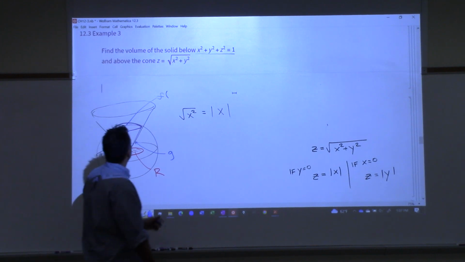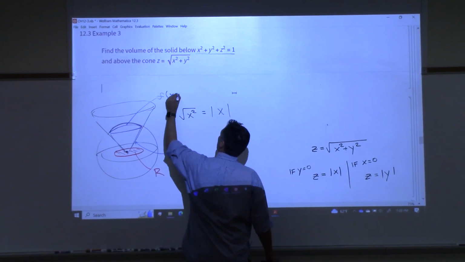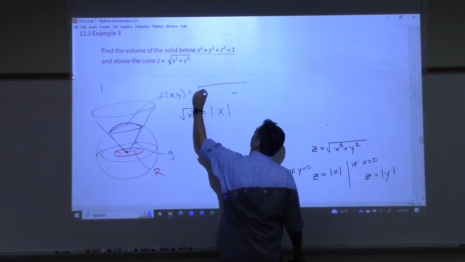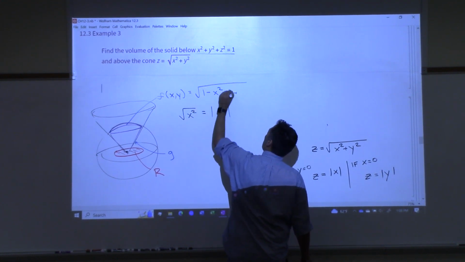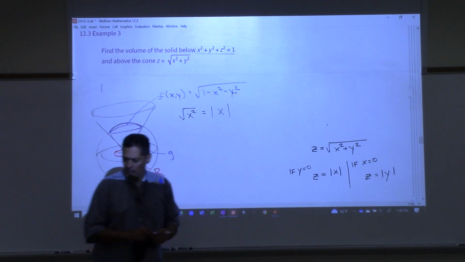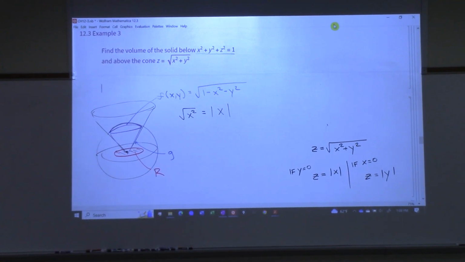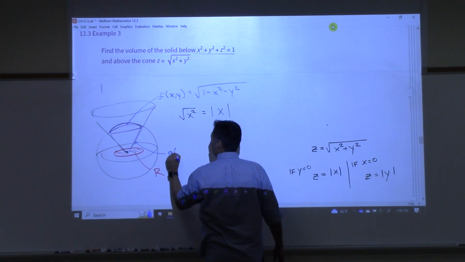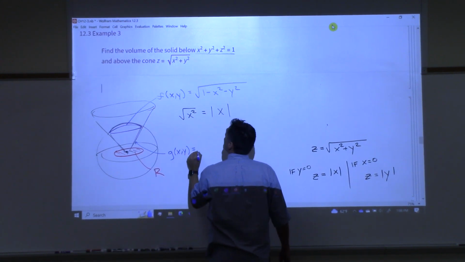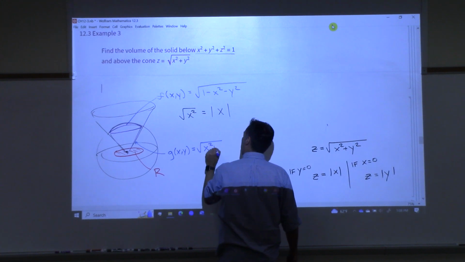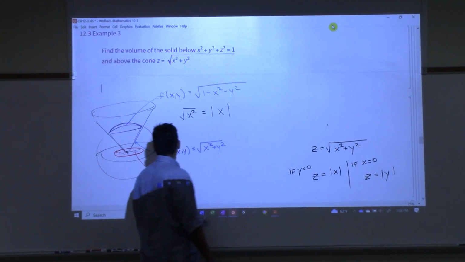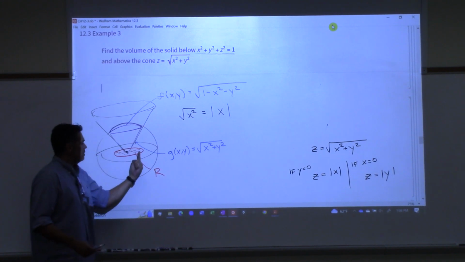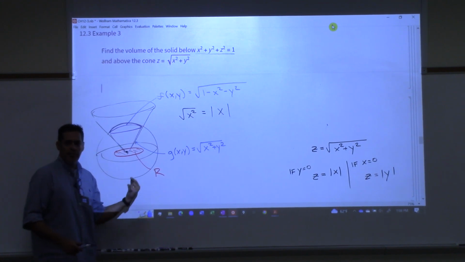So if I take that equation and solve it for z, I get square root of 1 minus x squared minus y squared. And then my g function is this one right here. That's already solved for z, so I can just put square root of x squared plus y squared. Top surface, bottom surface, domain, right?